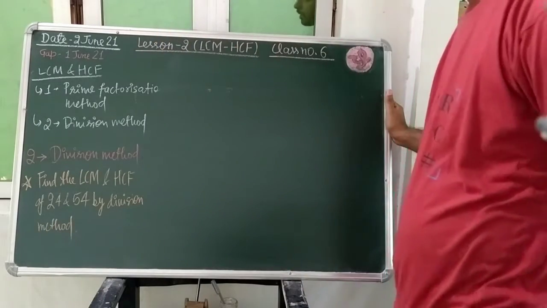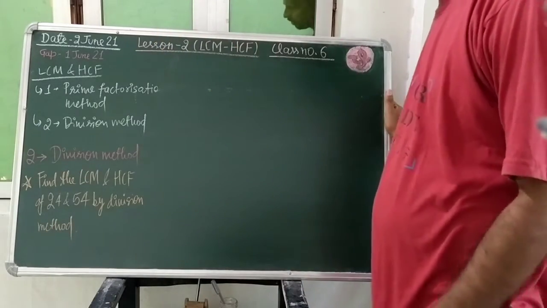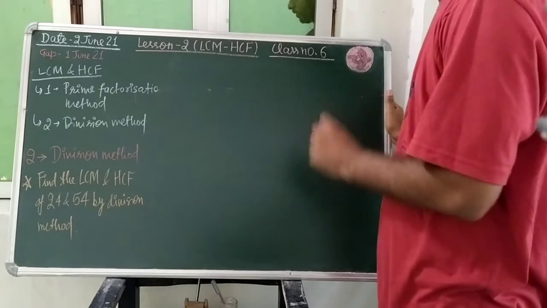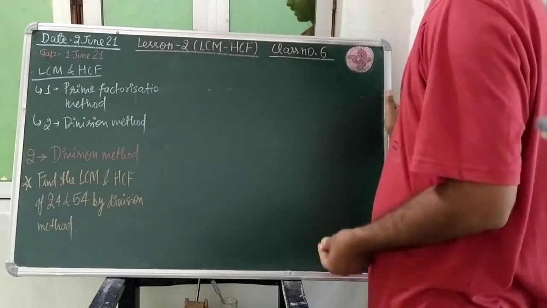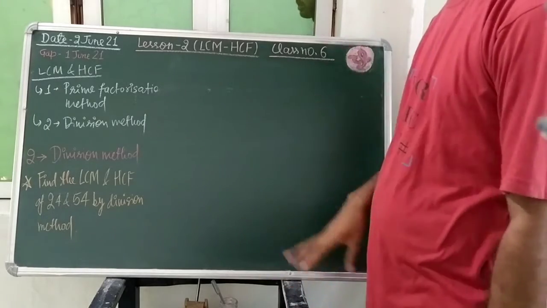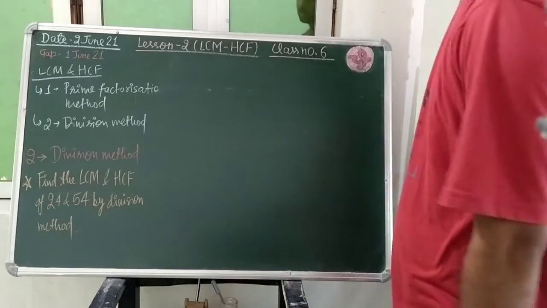So we want to know the LCM and HCF of 24 and 54, which had been selected in that earlier class in the case of the prime factorization method. Now we are solving the same problem by the division method.